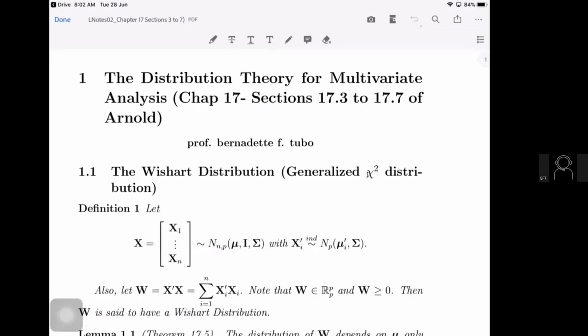Using the notes as my lecture for today, we will just go through what we have discussed last time, this time using the lecture notes. So we will review the Wishart distribution.